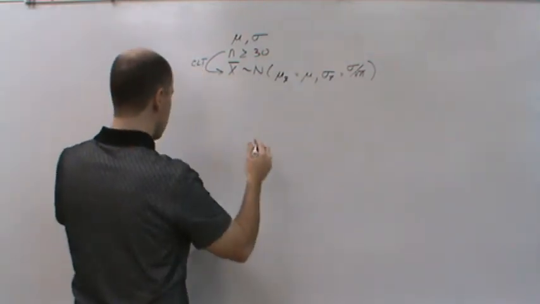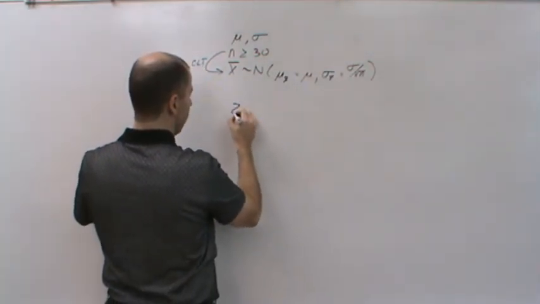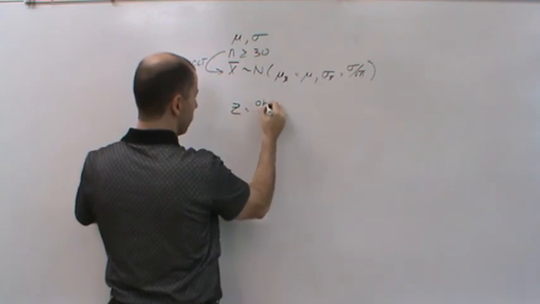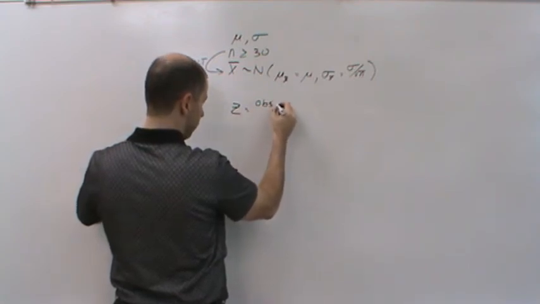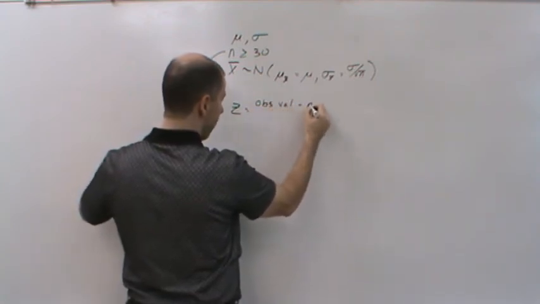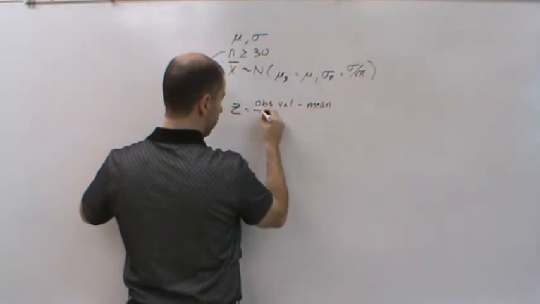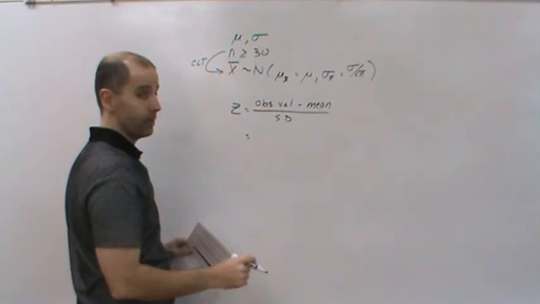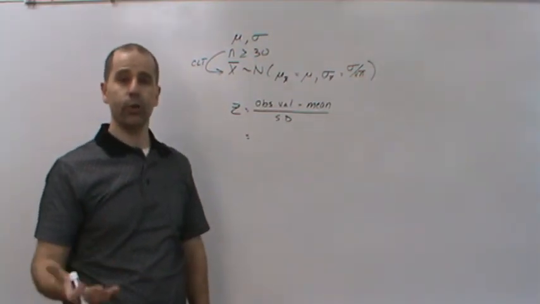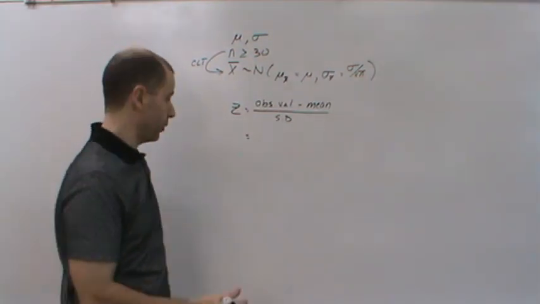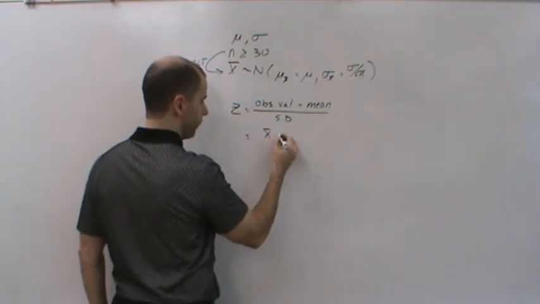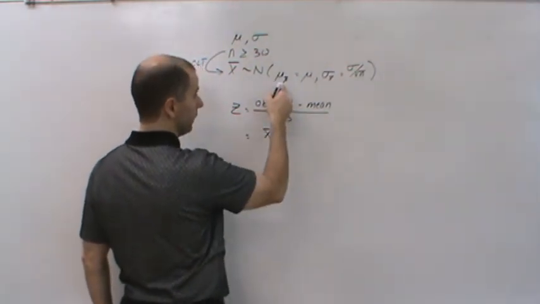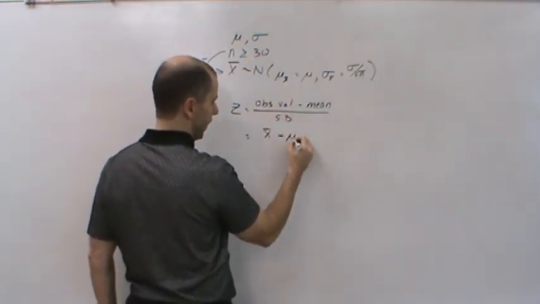The z-score formula is, again, the observed value minus the mean divided by the standard deviation. But in this case, what's the observed value? The observed value is a sample mean, so it's x bar minus the mean. Well, what's the mean? Mu, it doesn't change.